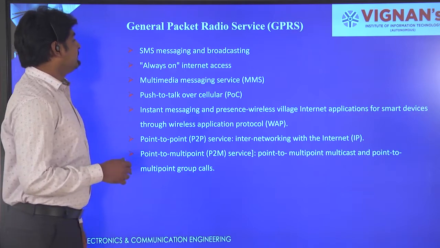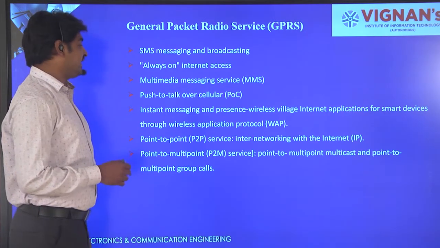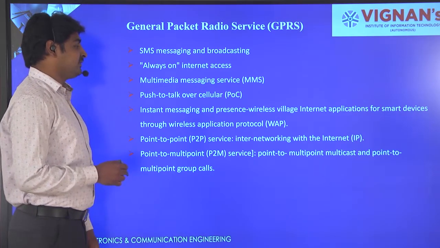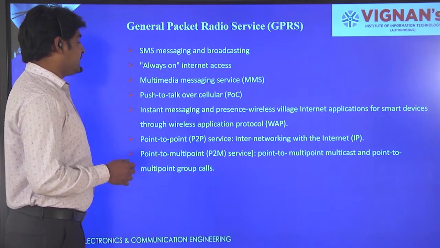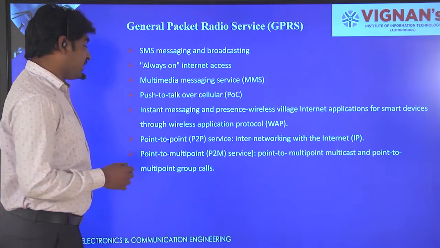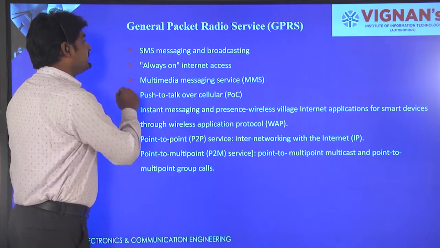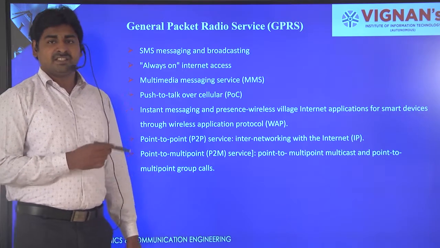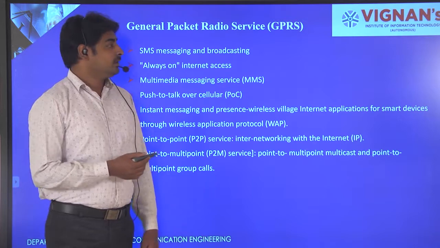Some of the features in GPRS are SMS messaging and broadcast, always on internet access, multimedia messaging service, push to talk, instant messaging and presence, wireless village, internet applications for smart devices, point to point and point to multipoint. These are a few features available in GPRS, and GPRS has also become old.